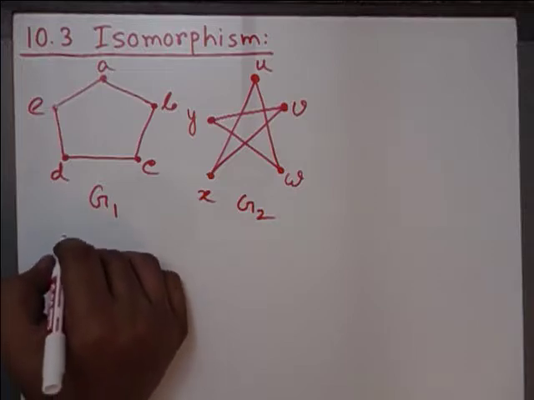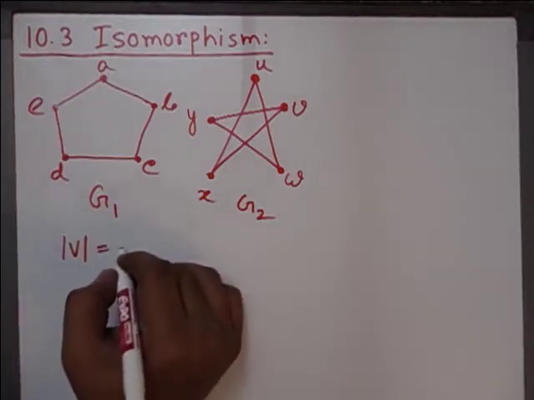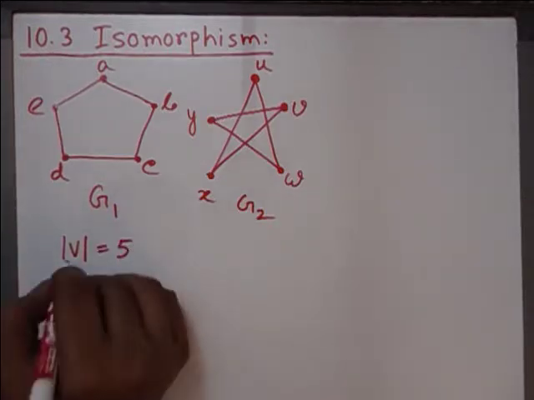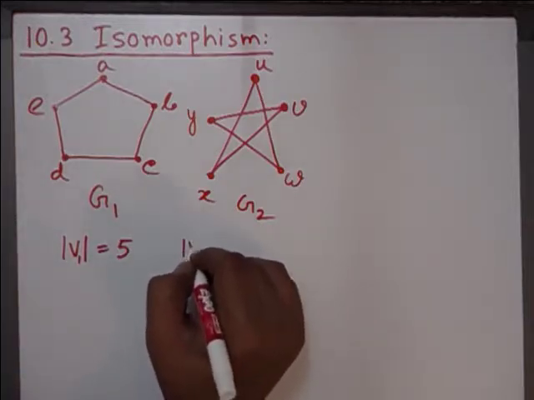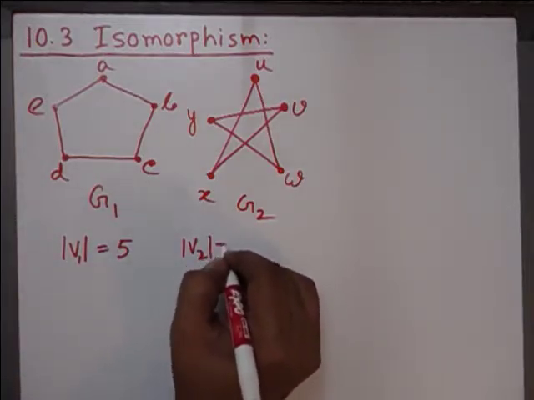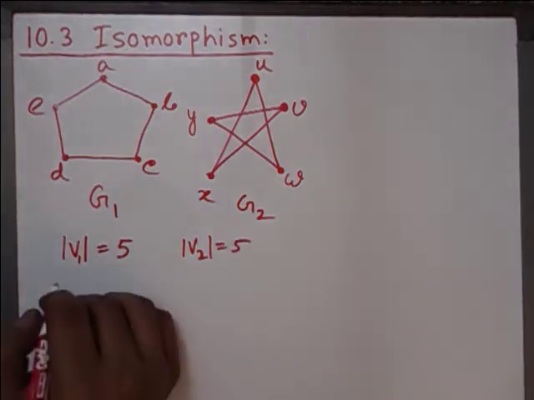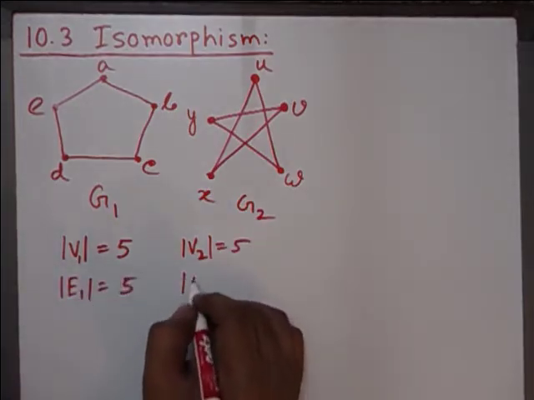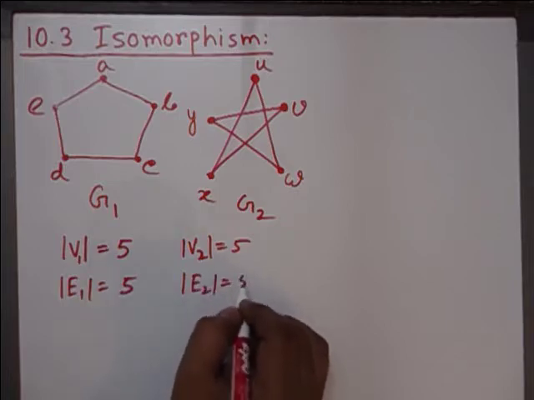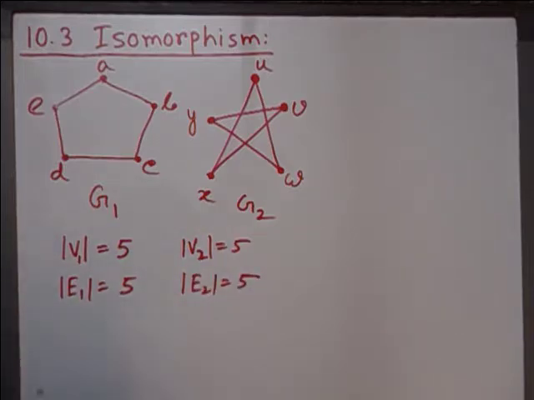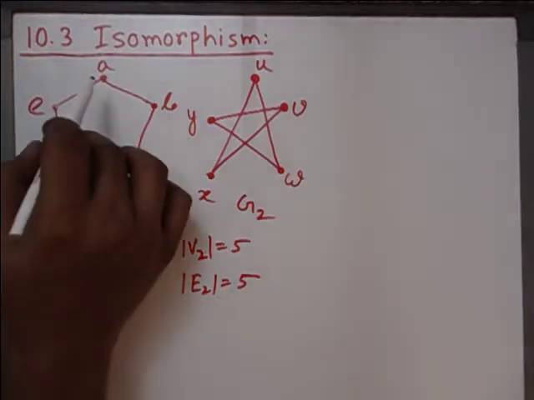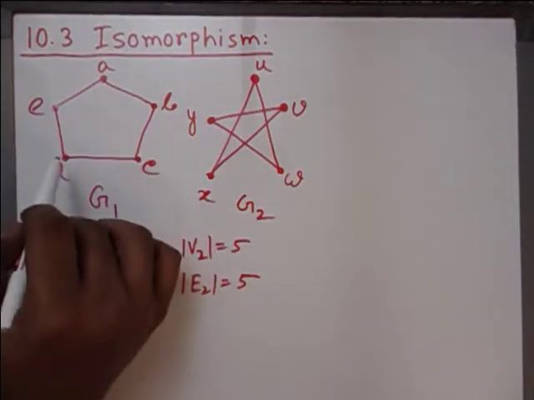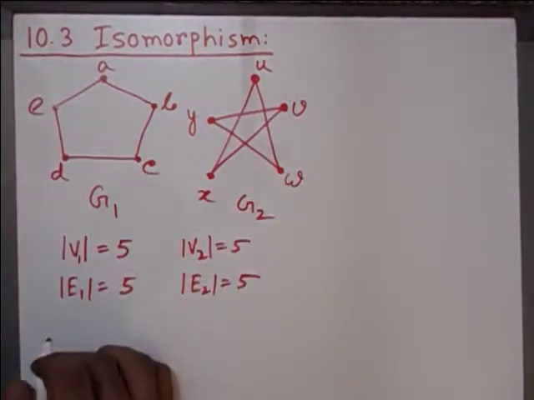Number of vertices is 5 in both cases. Number of edges is 5 in both cases. The degree distribution, degree is 2, 2, 2, 2, 2. Here it's also the same.